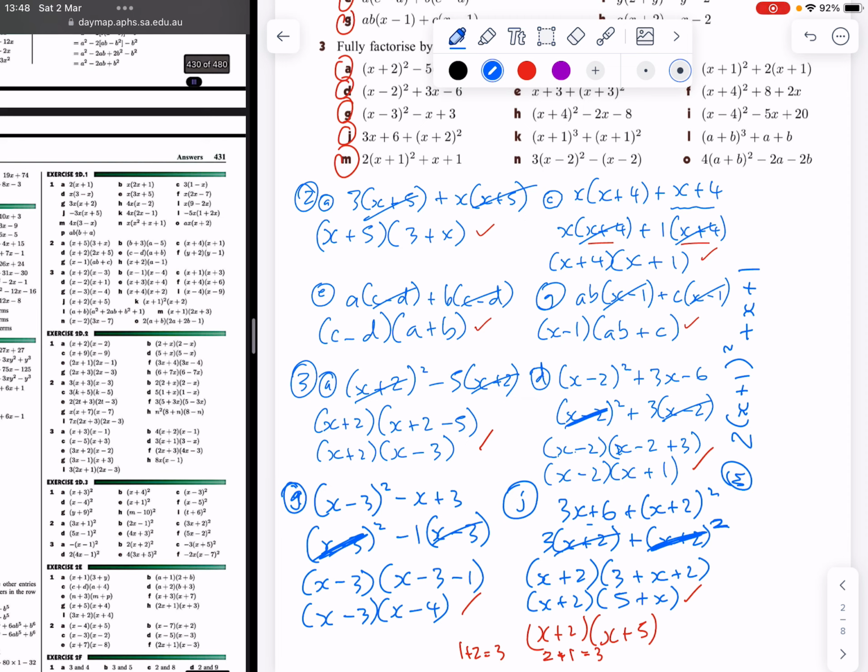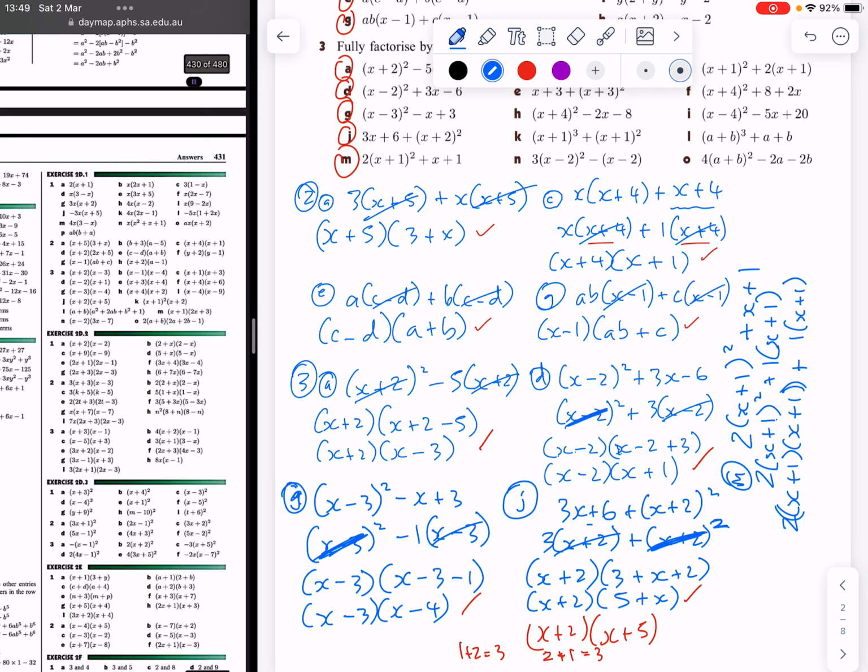So, I don't see anything wrong with doing this step here. Maybe I didn't handle this correctly. This is telling me I have 2 lots of x plus 1. I have 2 lots of that. Plus 1, x plus 1.